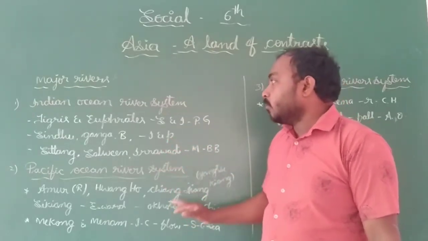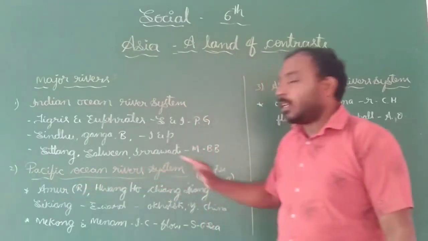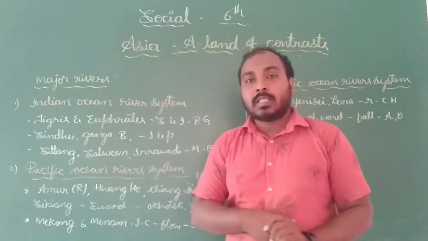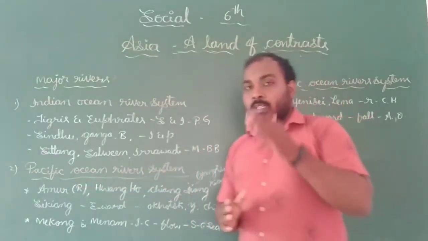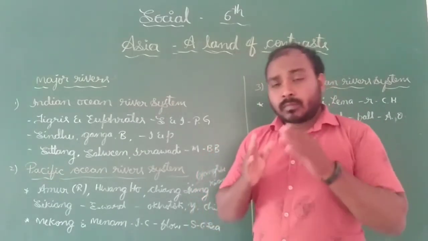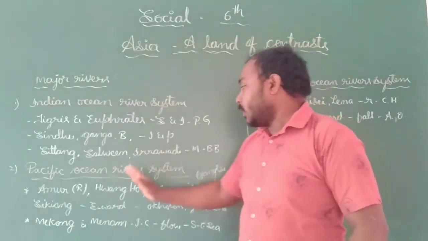Next one is the Pacific Ocean river system. As you know already, the Pacific Ocean is located in the east of the Asian continent.